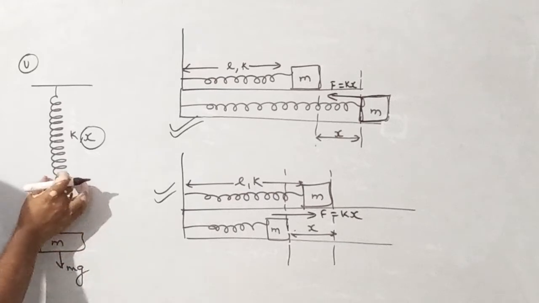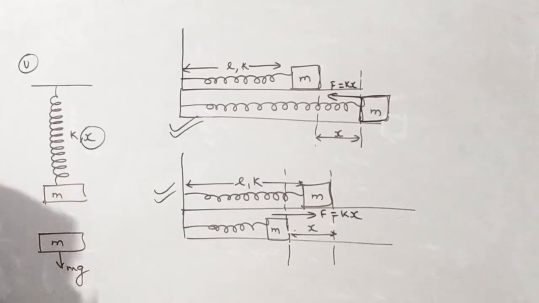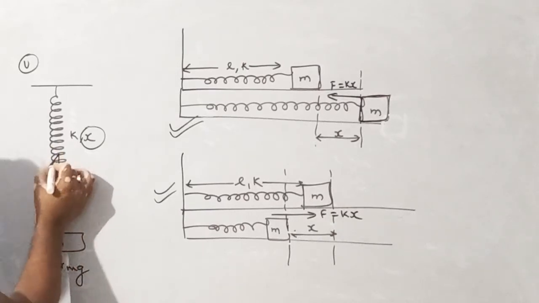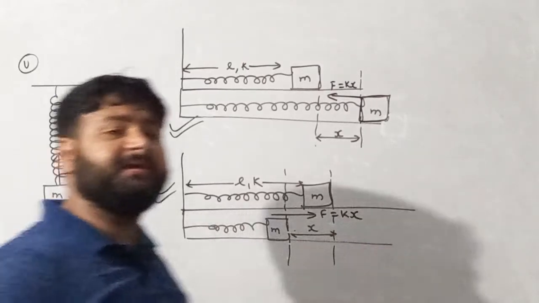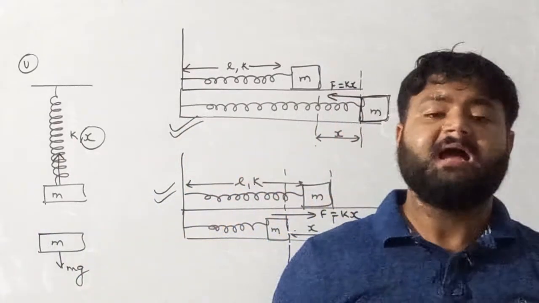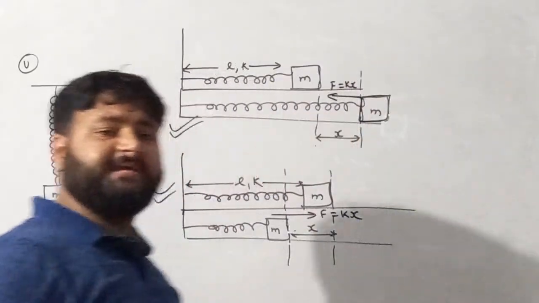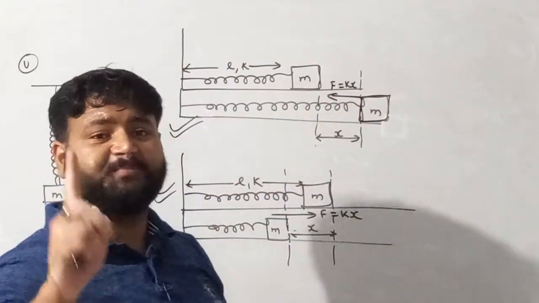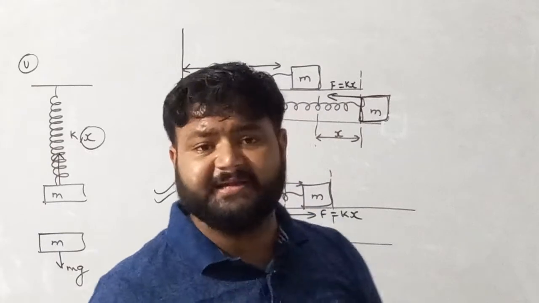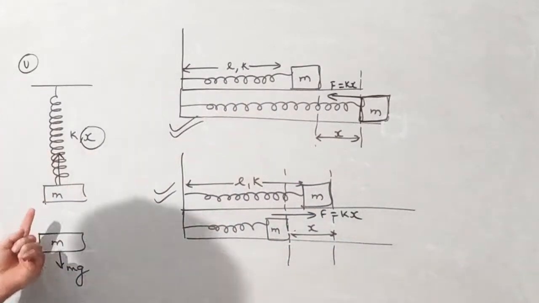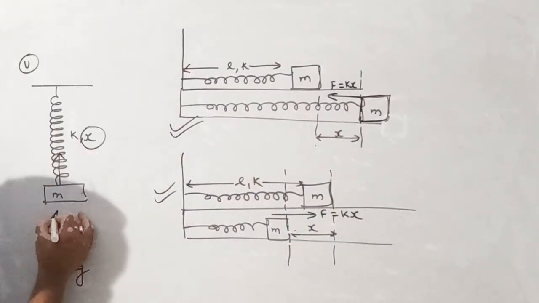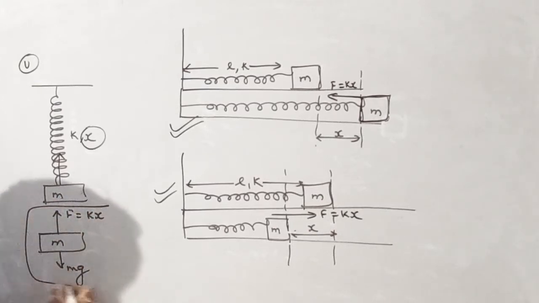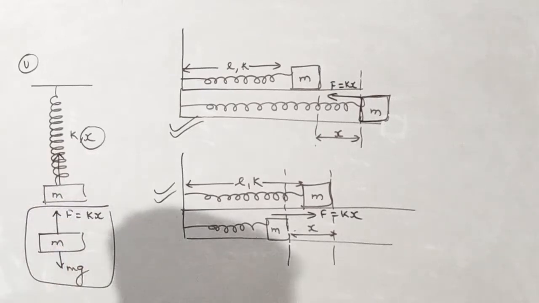The block is attached with the spring and moves down, so the direction of spring force is inward, because the spring is getting elongated. For achieving its natural length, the direction of force must be upward, and it is F equals Kx. This is the free body diagram.